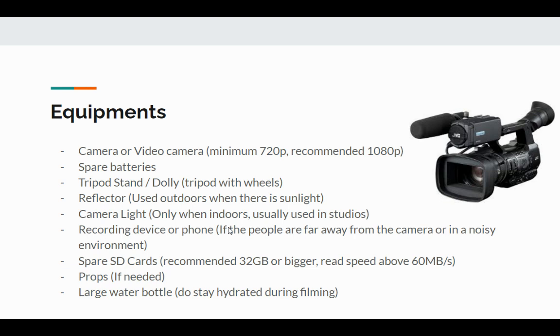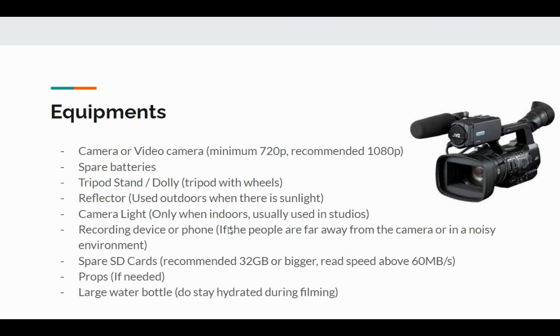Reflector is used outdoors when there's sunlight. So if you do not remember where to put the reflector, you just remember the law of reflection. Angle of incidence equals angle of reflection. So you have to see the incident ray from the sun will bounce off the reflector so that the amount of light you capture in your video is just nice.